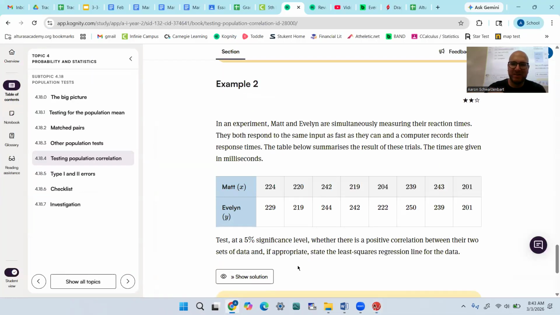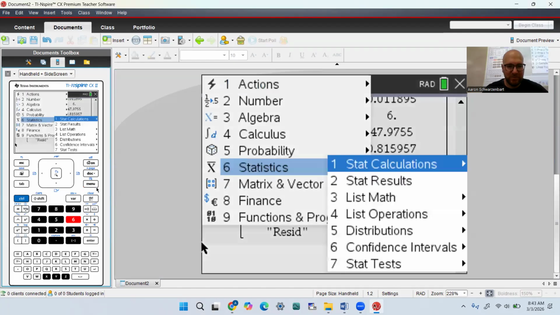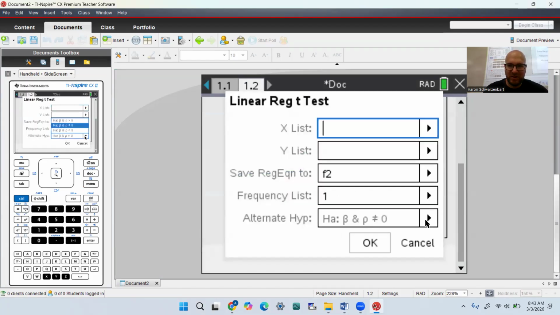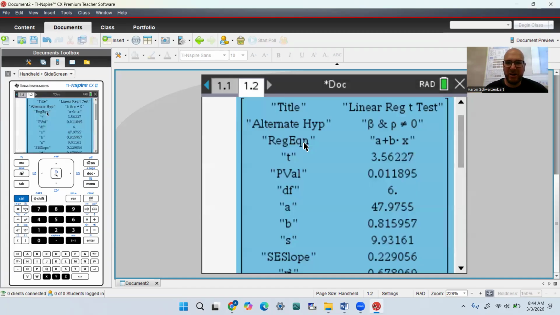State whether there is positive. Oh, so we have to look for greater than 0. They asked if there's a positive. Greater than, yeah. I was like, I'm just gonna do it and go back and look.